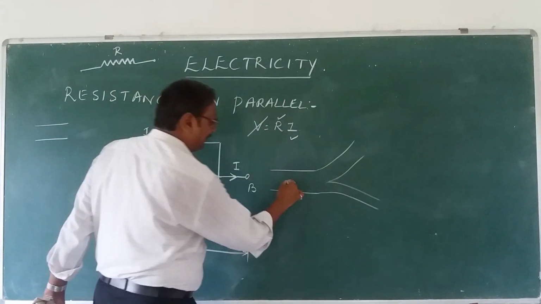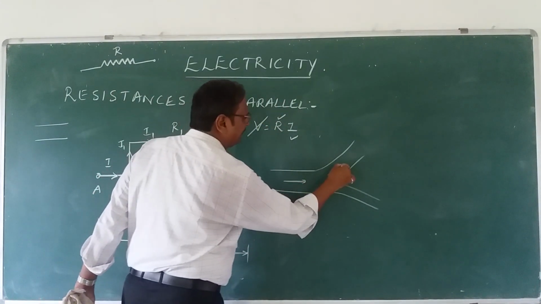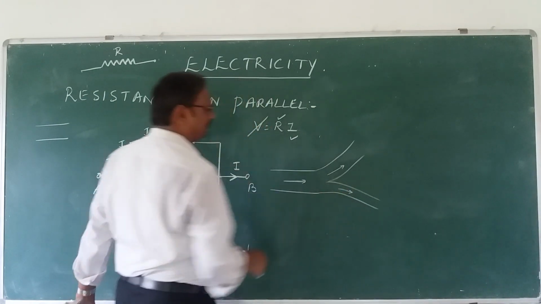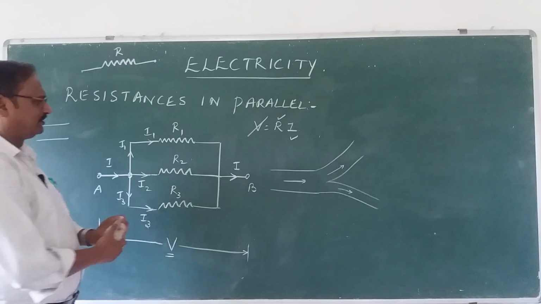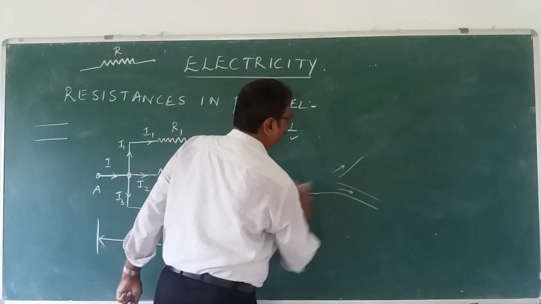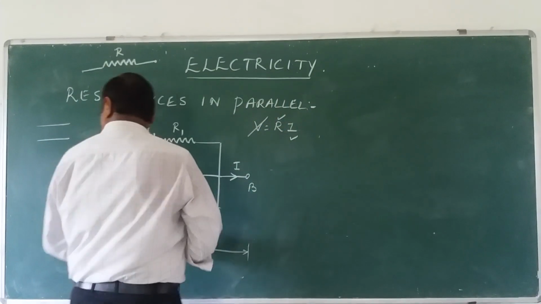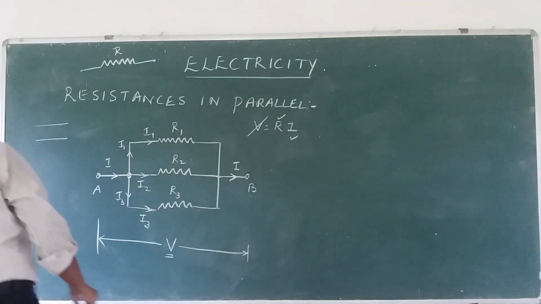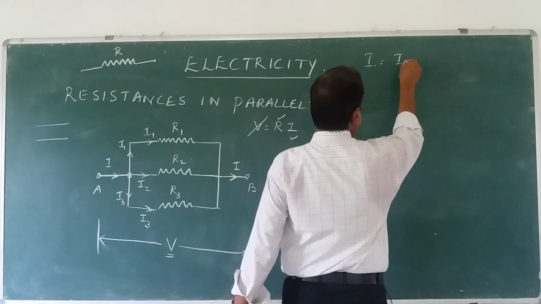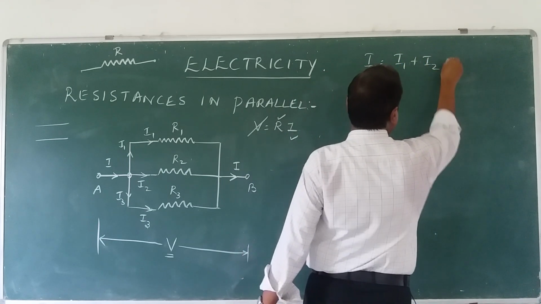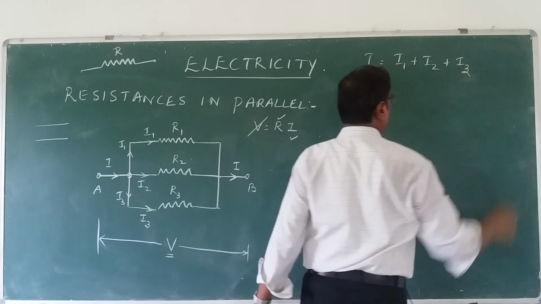Just like that, the current is coming and it is dividing into different parts through different resistors. So, potential difference being the same, we can write current I is equal to I1 plus I2 plus I3.